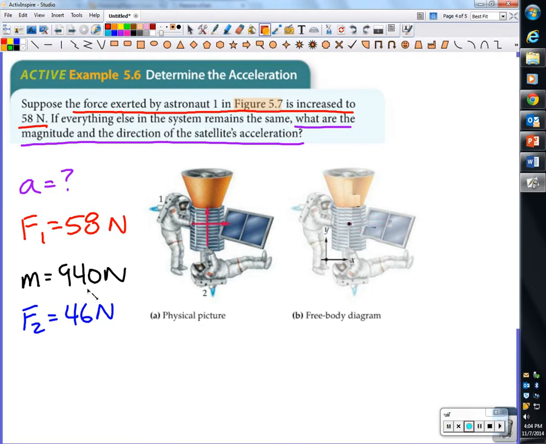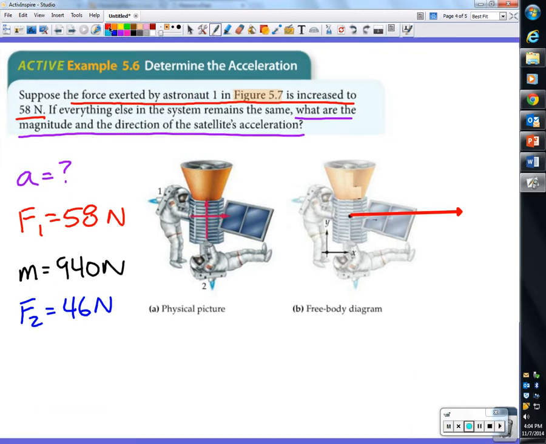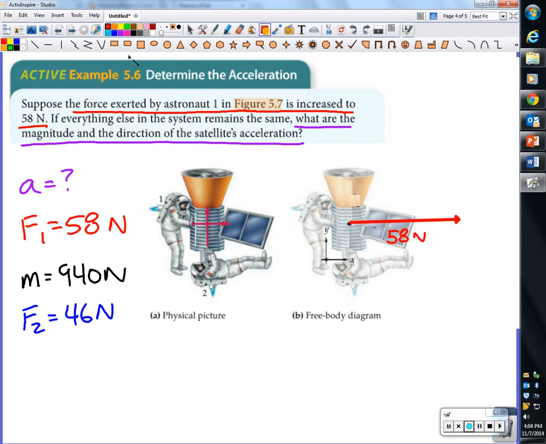First, this is astronaut 1, so he's going to push in this direction. There is F1, and we just learned that that was 58 newtons. This is F2 in the free body diagram. Remember, a lot of times it's beneficial to draw our forces originating from the origin or the center of the object and pointing outward.